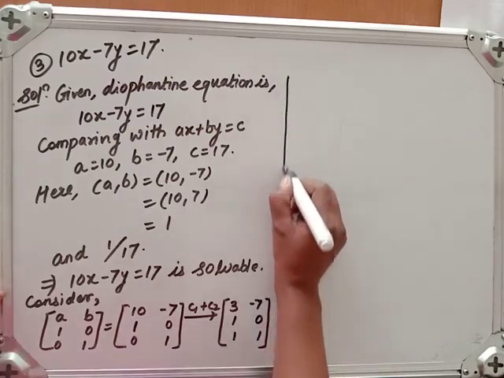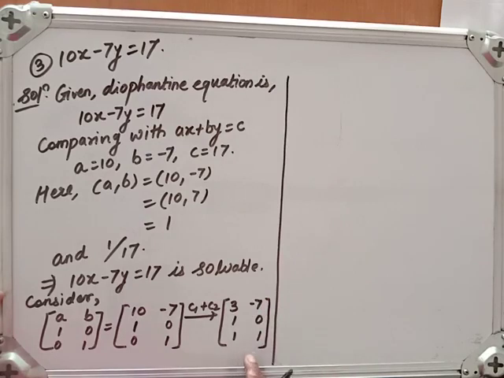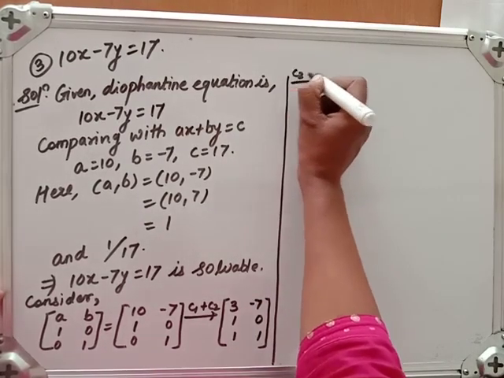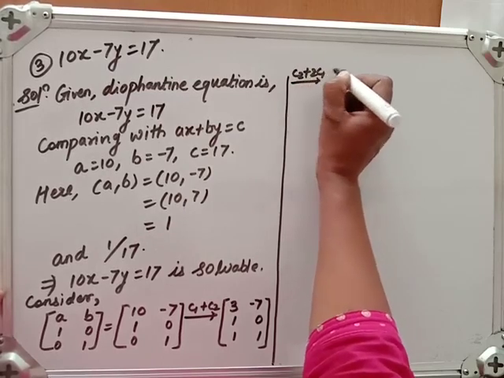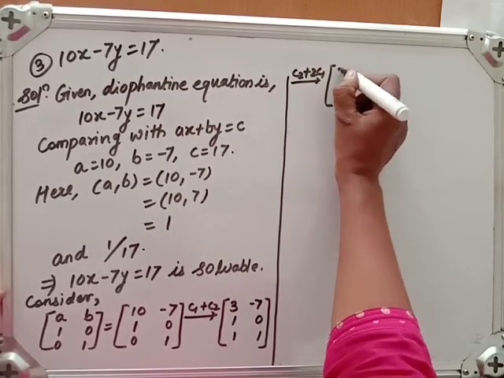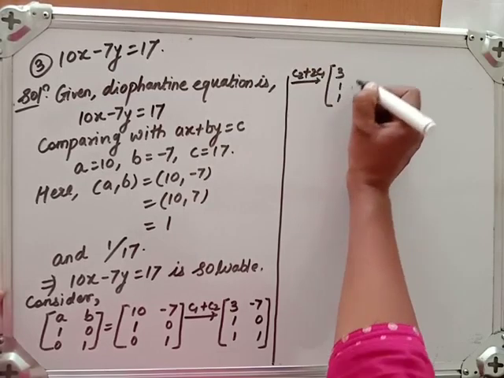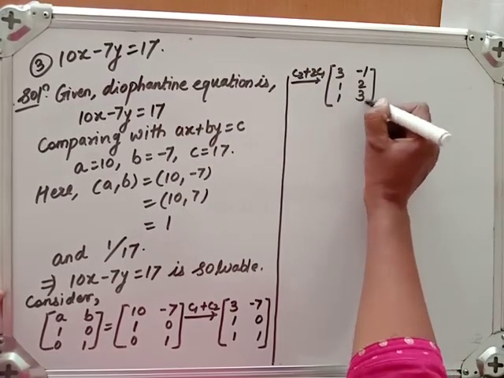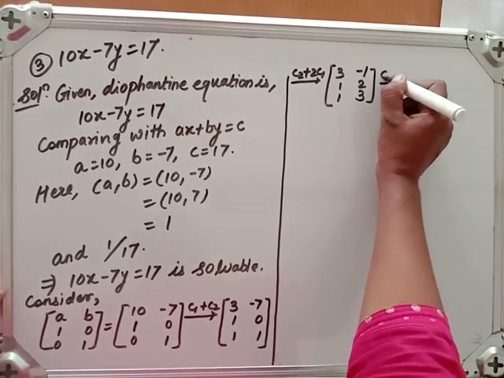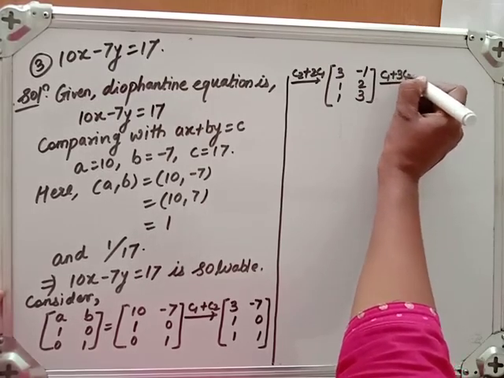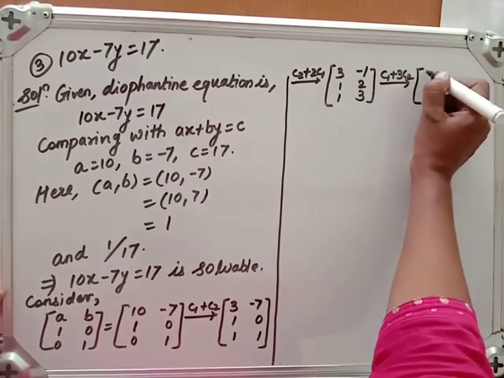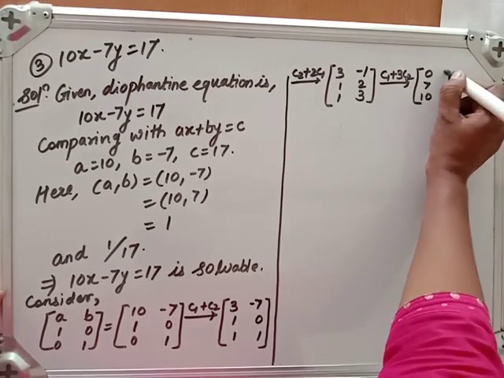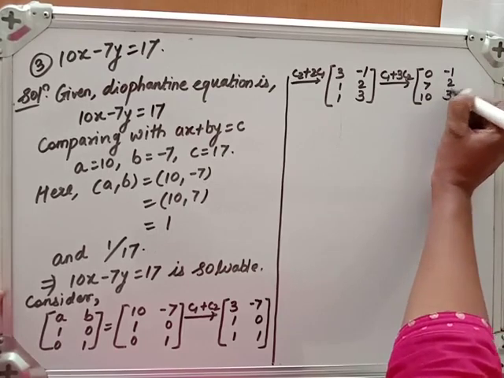Further, again we have to do operations on this one. So let me do C2 + 2C1. What does it give? This 3 1 1 as it is. This will become -1, 2 and 3. Again C1 + 3C2 if we do, then 0, 7, 10 and this is -1, 2 and 3.